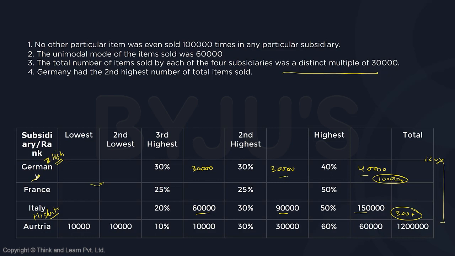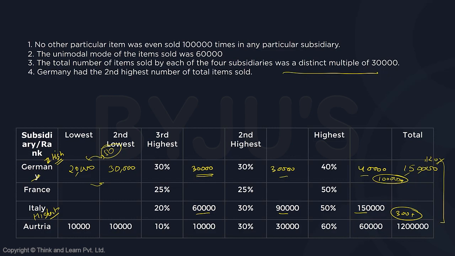For 150, the sum of these two should be 50. If the sum of these two is 50 and the third highest is 30,000, the only possibility is that this is 30,000 and this is 20,000. That's how you get the total as 150,000. Correct? So this is the case I'm getting for 30, 30, 40.